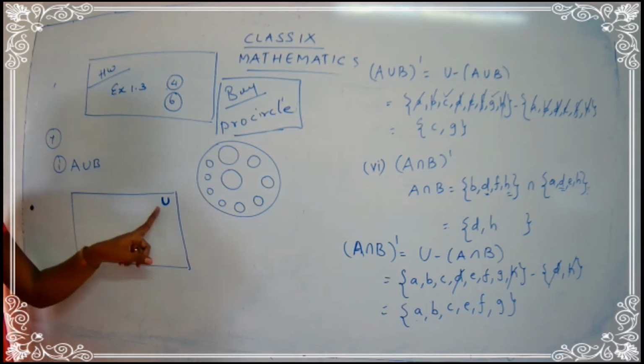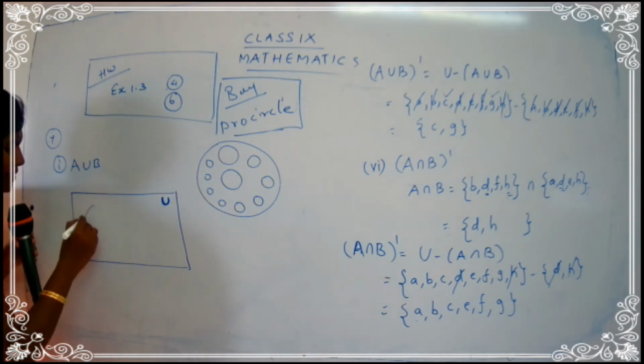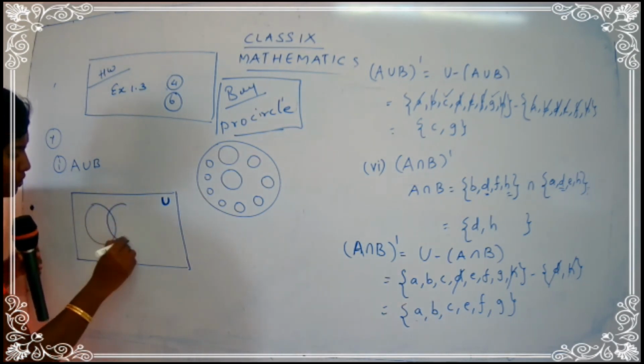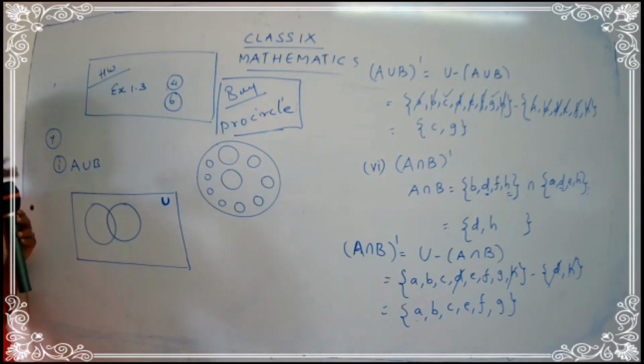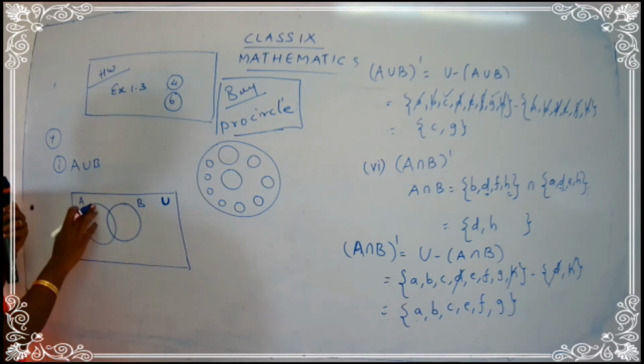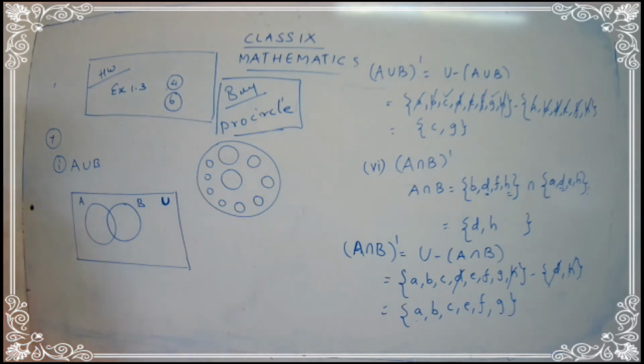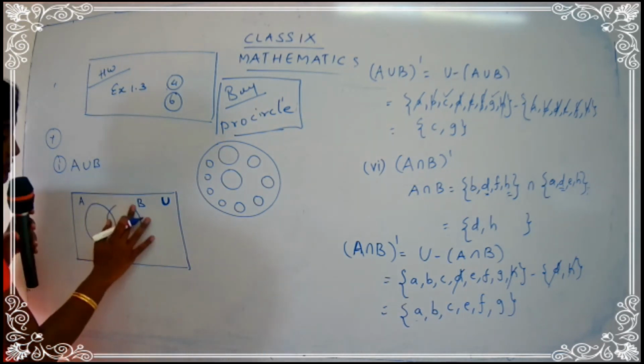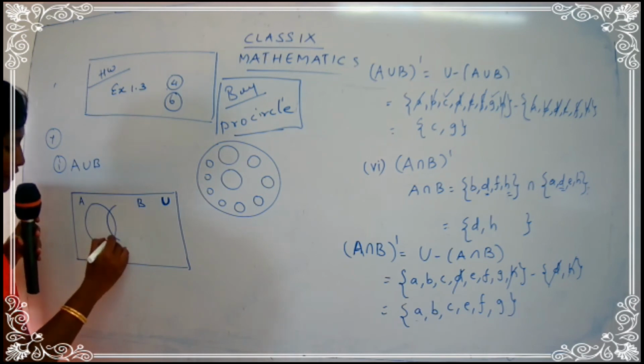Overlapping means one on the other. They are touching each other. That's overlapping. So write down here A and B. So if we draw with a pro circle, we get a perfect shape.